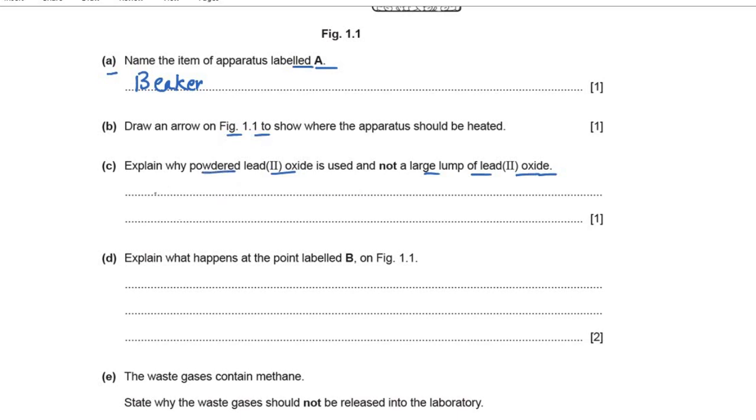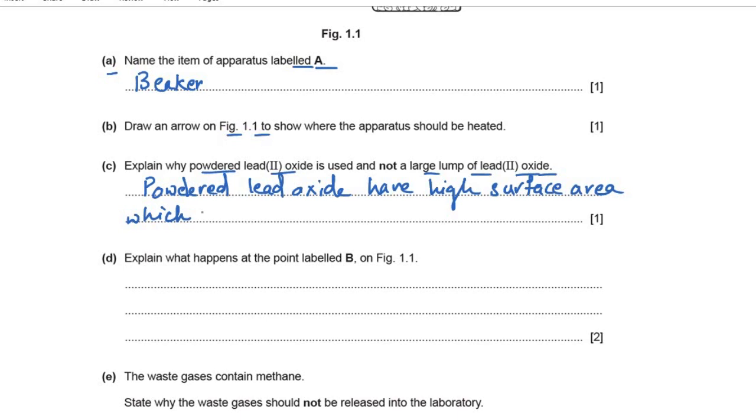So we use powdered lead oxide because powdered lead oxide has a high surface area, which increases the rate of reaction. That's the simple logic, that we have the high surface area, which increases the rate of reaction, so that we can understand that the lead oxide will be reduced faster if we increase the surface area.